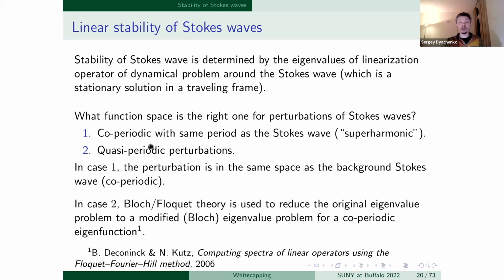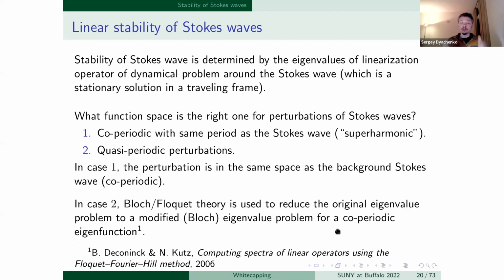But when we consider quasi-periodic perturbations, we need to use the Bloch or Floquet theory, and this will imply that we need to change our original eigenvalue problem to some modified eigenvalue problem, which would be written down for another co-periodic eigenfunction.